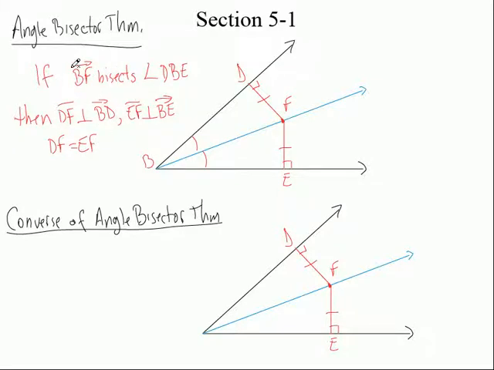Okay. So if all this stuff is true, what do we do when we do the converse of something? We just talked about this yesterday. So what's the if going to be?